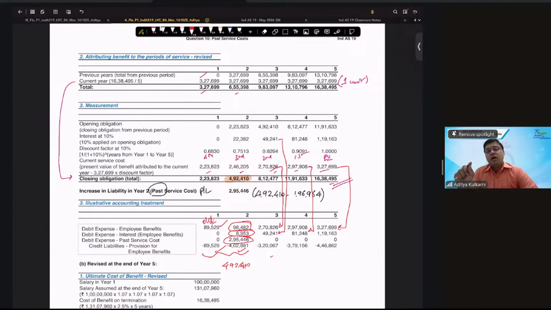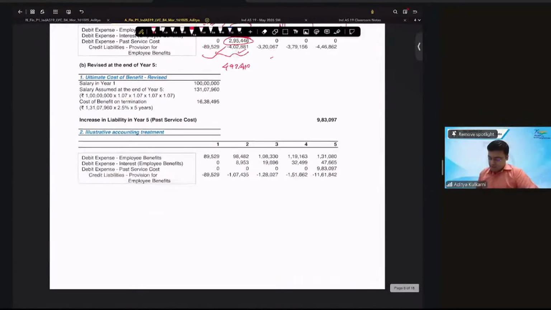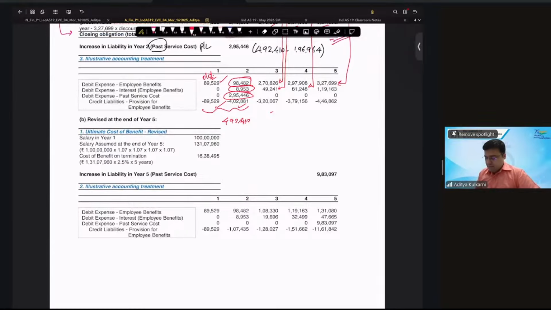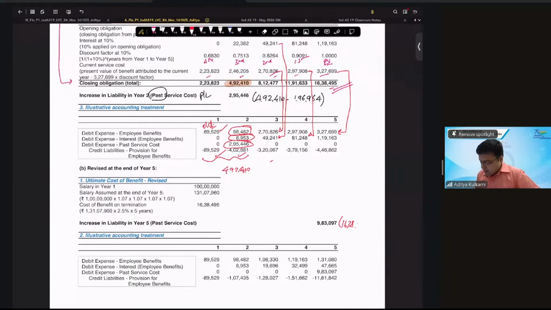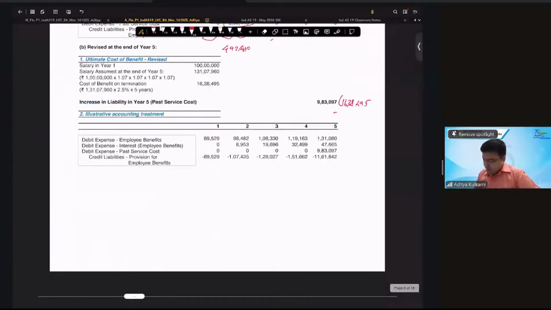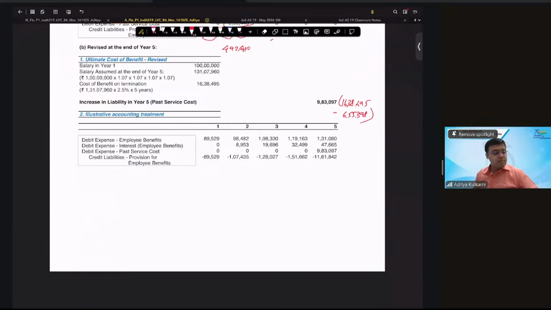You will have a past service cost debit which will hit the P&L, and that will bring your effective closing balance to 16,38,495. So if the change happens at the end of year 5, then 16,38,495 minus the obligation here, 6,55,398, gives 9,83,097. This is going to hit your year 5 as a past service cost.